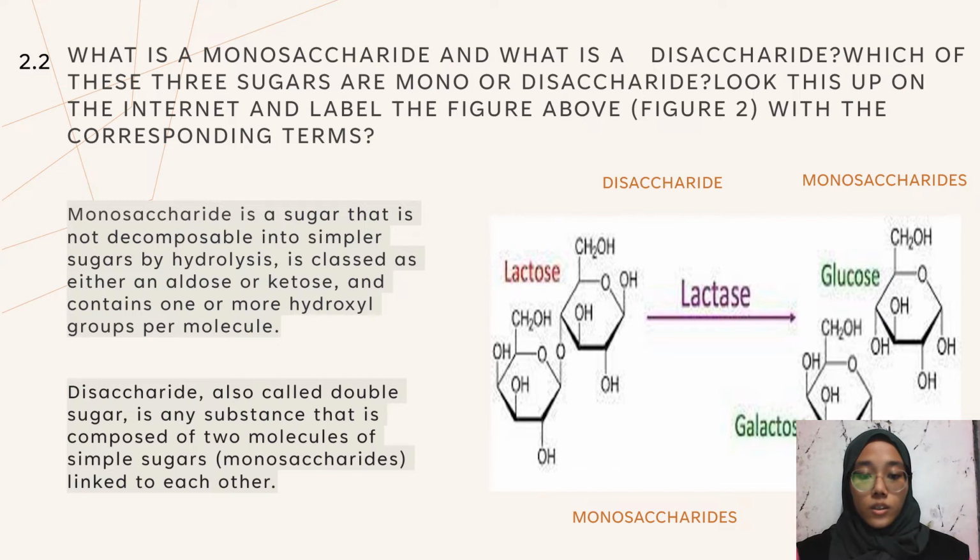A disaccharide, also called double sugar, is any substance that is composed of two molecules of simple sugars, monosaccharides, linked to each other. Figure 2 shows the action of lactase. Lactose is a disaccharide; glucose and galactose are monosaccharides.